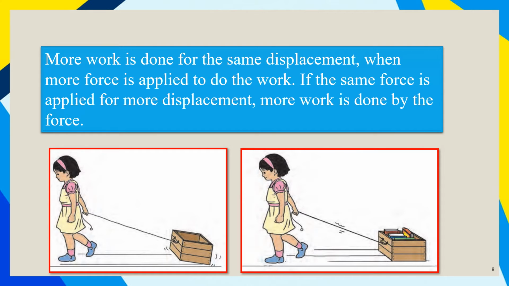So this is what we are trying to explain. If you are applying some force and the displacement is more, that means you have done more work. And if you are applying more force but the displacement is very less, that will tell you that the work done is less. तो displacement होना जरूरी है ताकि काम दिखे हम लोगों को, ठीक है?